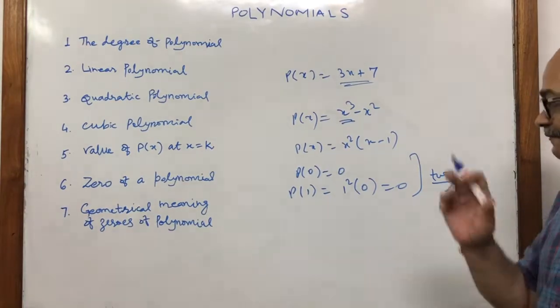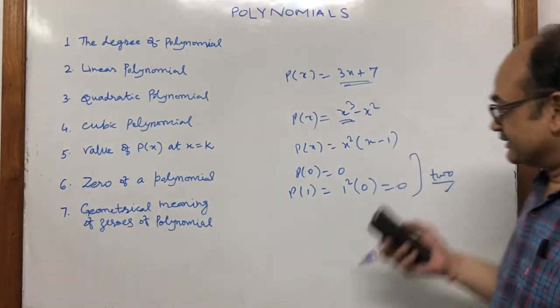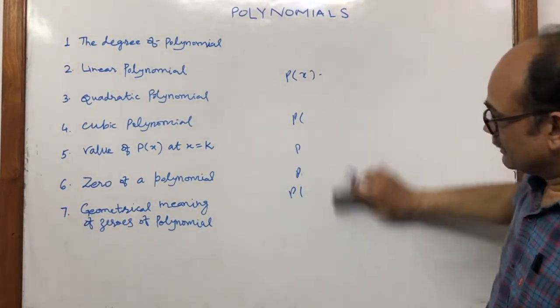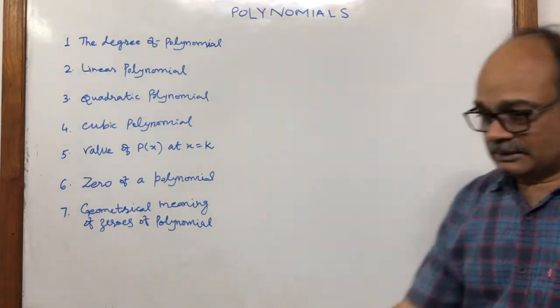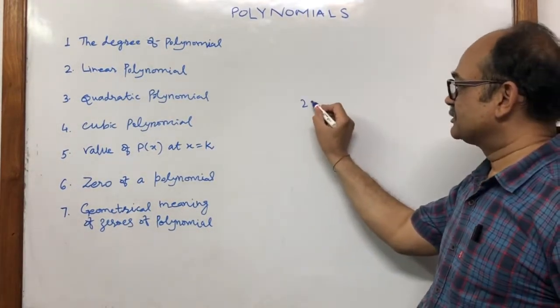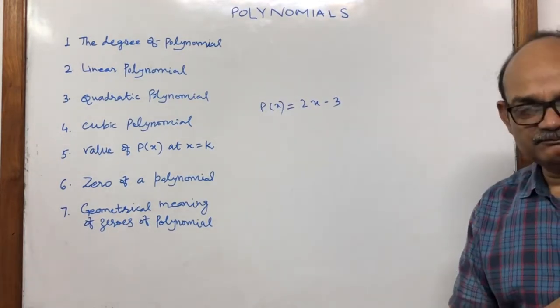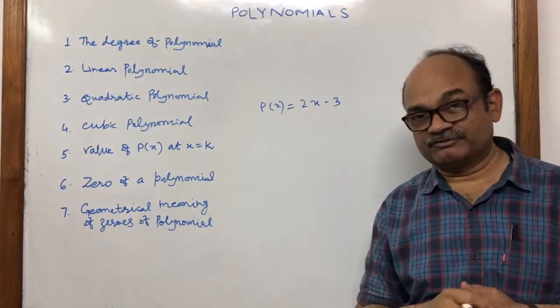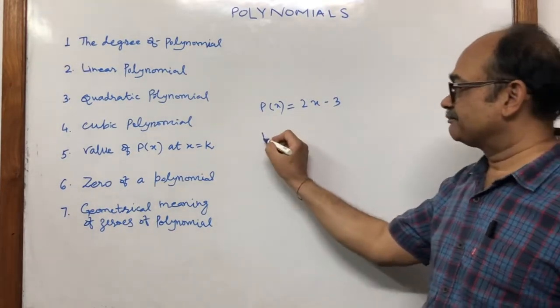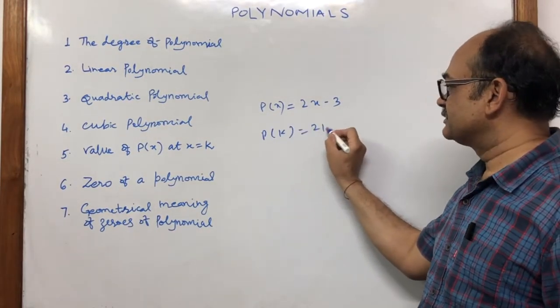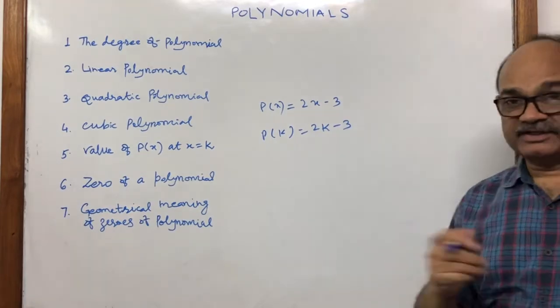Easy? Good. Now the next point is, suppose a polynomial is 2x minus 3. In general, I want to calculate its zeros. Then we suppose P(k) is 2k minus 3, the value at k.